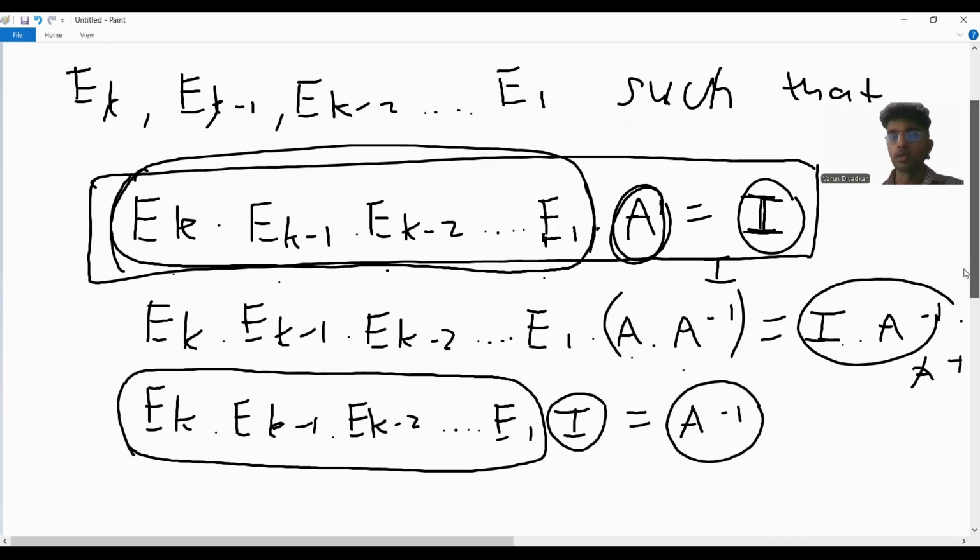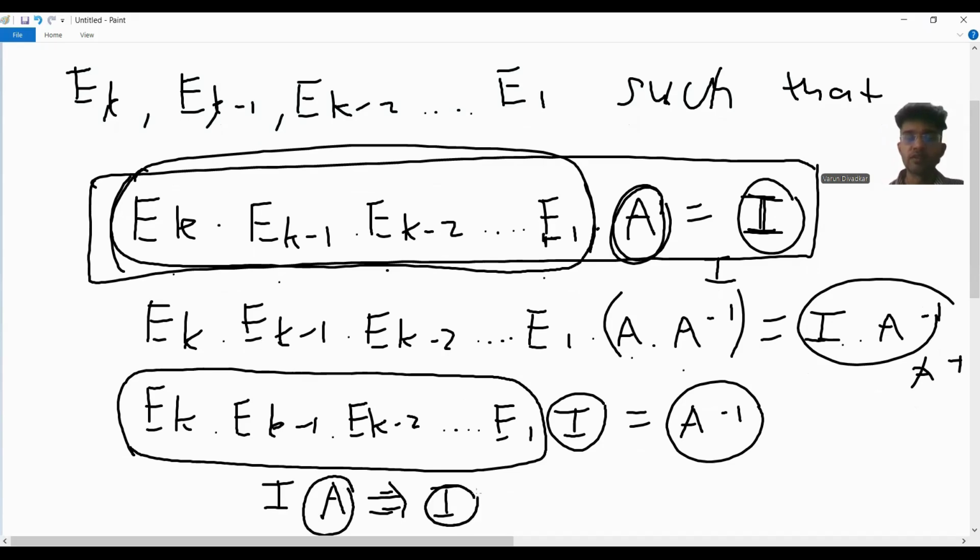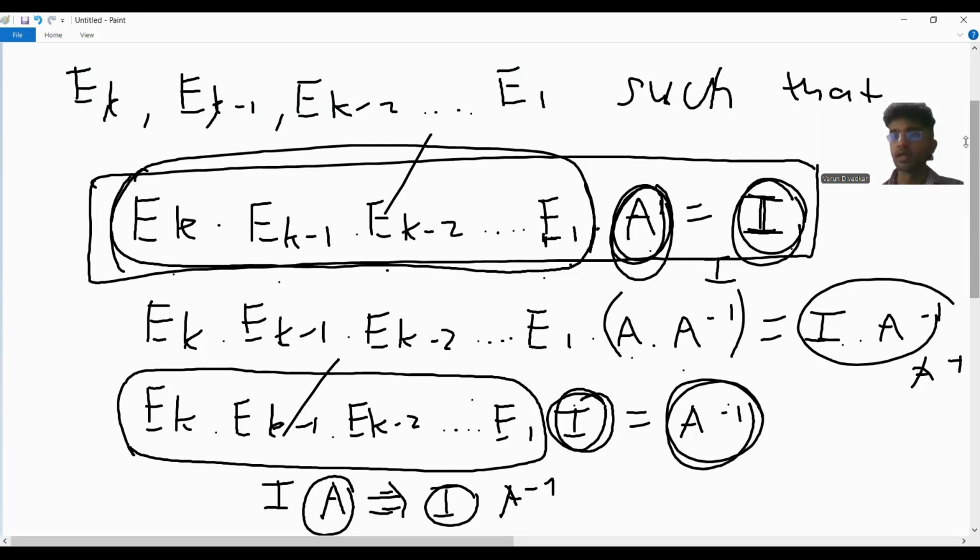So if you have a matrix A on the left-hand side and a matrix I over here, and somehow you can transform this matrix to I, then that means this side will be transformed to A inverse, because you have the same transformations here. If they are applied on A, that gives you I. If they're applied on I, that gives you A inverse. So if you can transform this matrix to an identity matrix, then automatically this side gets transformed to A inverse. Okay, that's a method of finding A inverse.